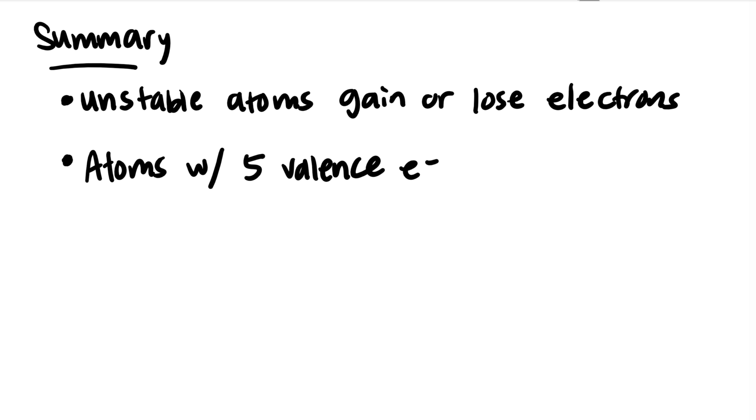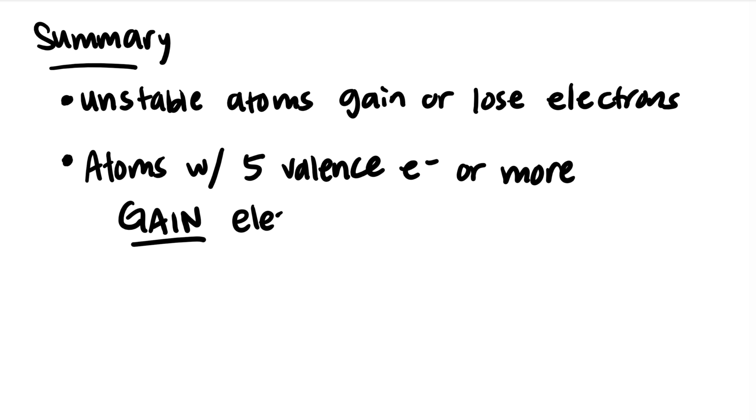Atoms with 5 valence electrons or more gain electrons. So that they're going to have 8. Okay, they're going to gain electrons to have their 8 valence electrons.